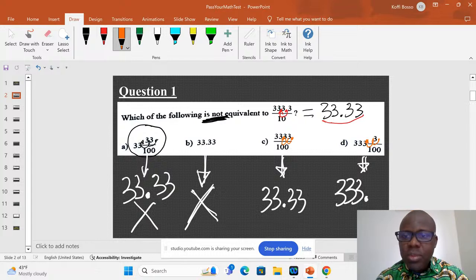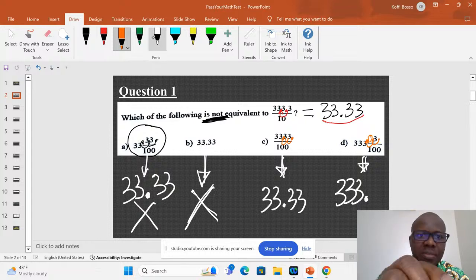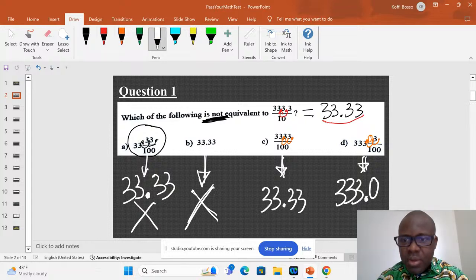So that gives you 0.03. So the last number here is 333.03, which is not the same as 33.33. Therefore, the correct choice here is D.